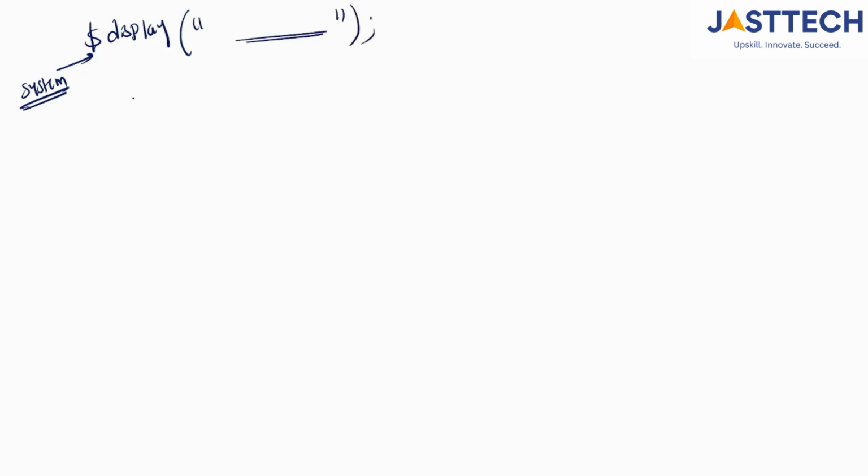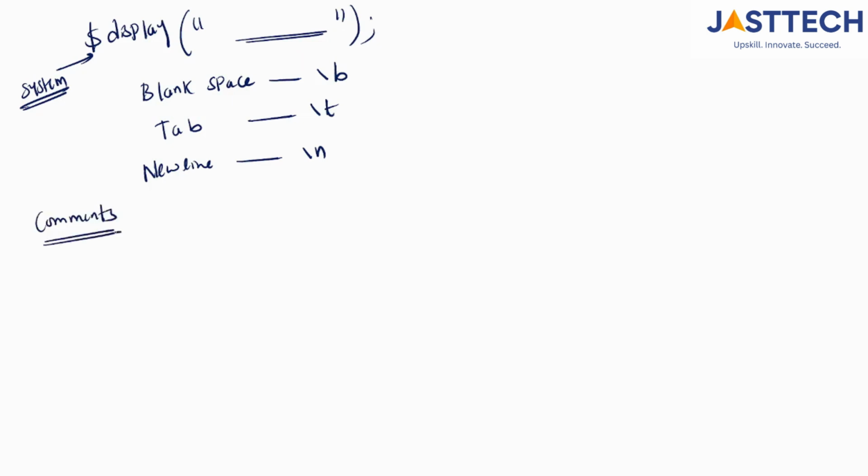In dollar display there are some escape identifiers like blank space, you can write backslash b, or tab, backslash t, and new line, backslash n. Next you have the comments. You have system tasks like dollar display, dollar monitor, dollar strobe, dollar finish, dollar stop.